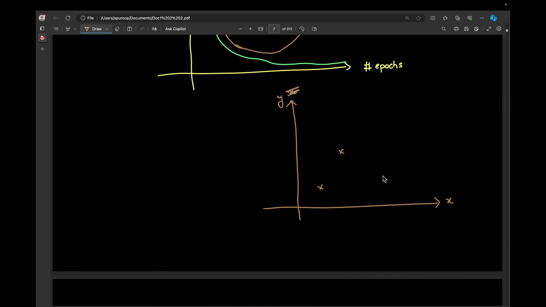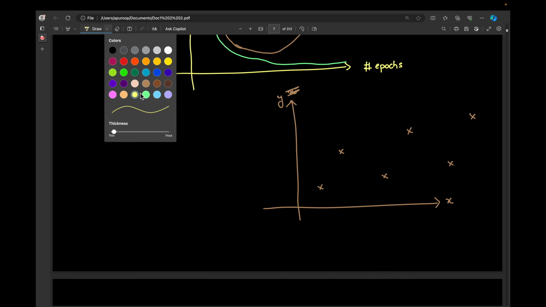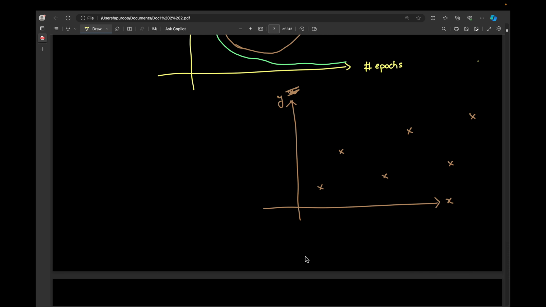Let's say these are some of my training data points. For these training data points, let's say we are applying some machine learning algorithm, not necessarily linear regression, and we are training for multiple epochs or iterations. That means we are trying to exactly fit the training data. In such a case, our hypothesis will try to touch each and every point.